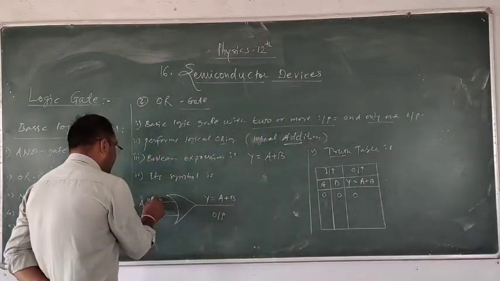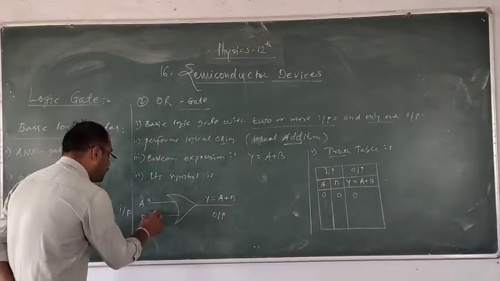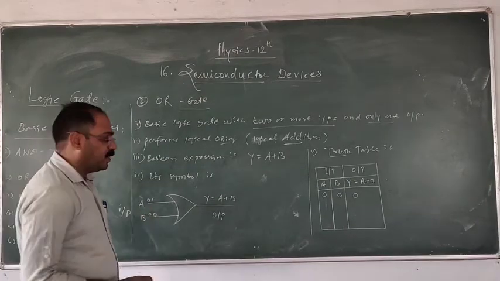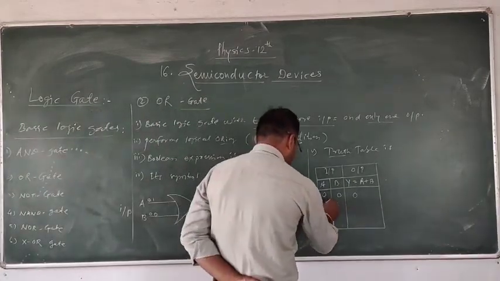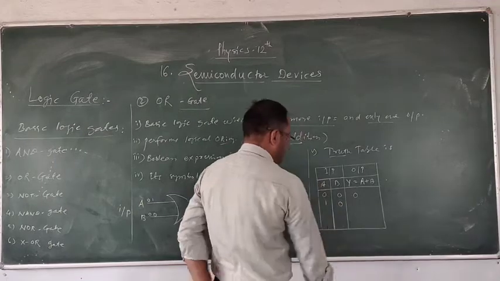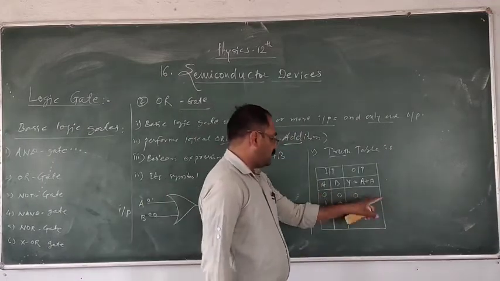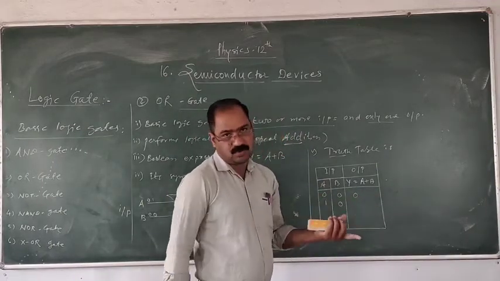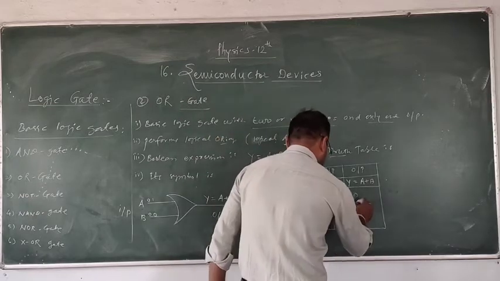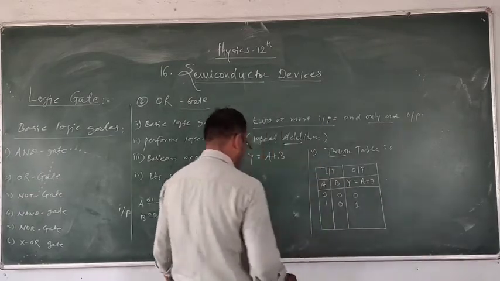When A is at 1, B is at 0, that is the second combination. The output, A or B, 1 plus 0 is 1. Therefore the output is 1.